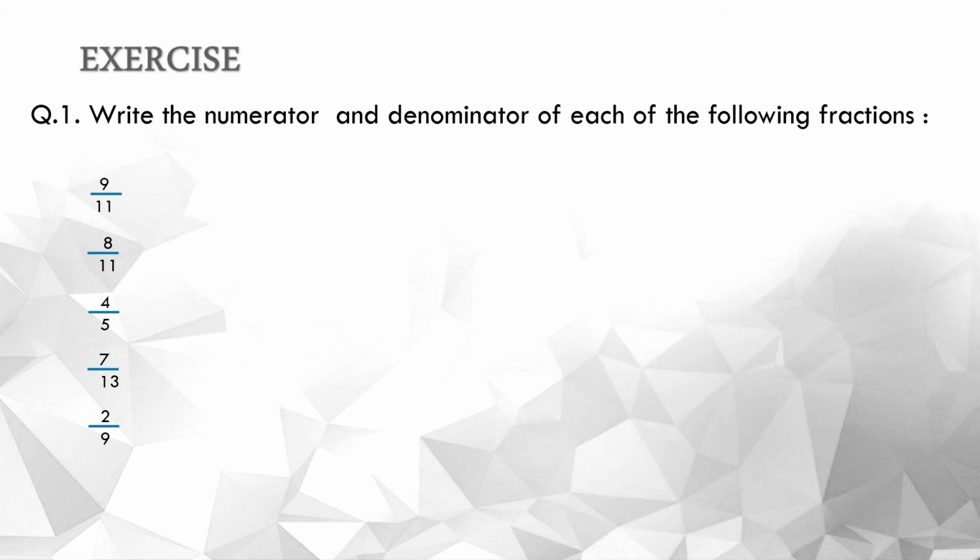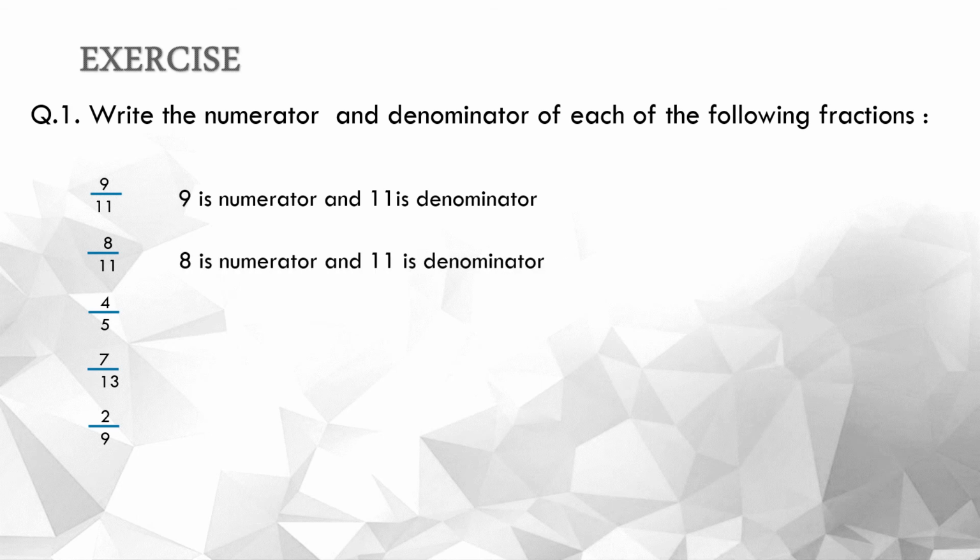So 9 is the numerator and 11 is the denominator. Next, 8 upon 11. Here 8 is the numerator and 11 is the denominator.